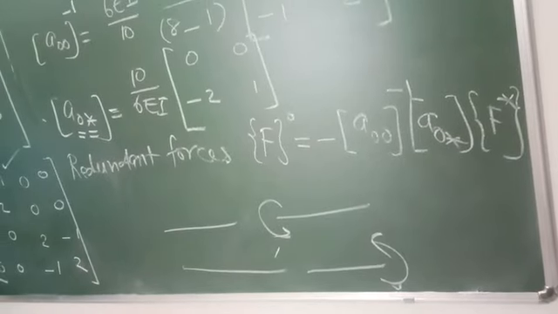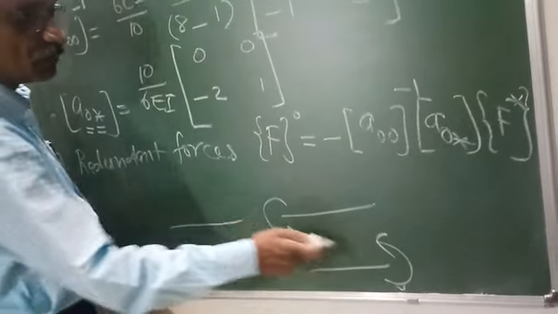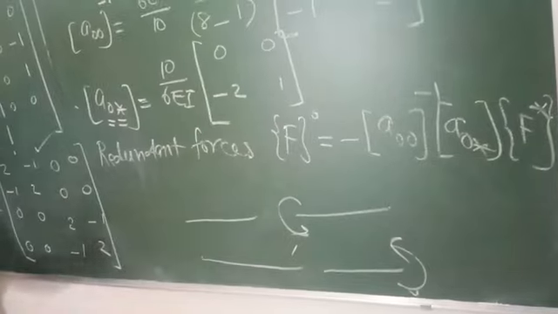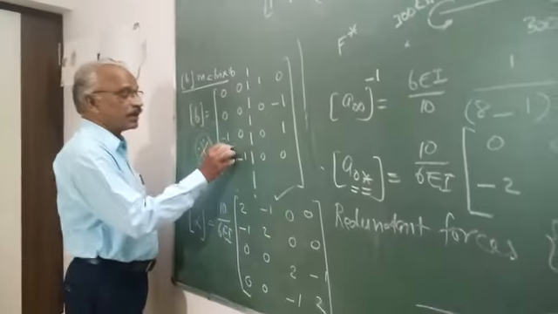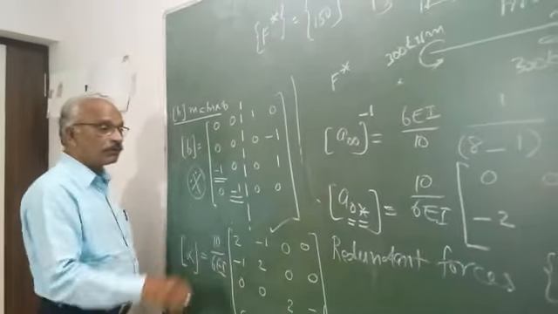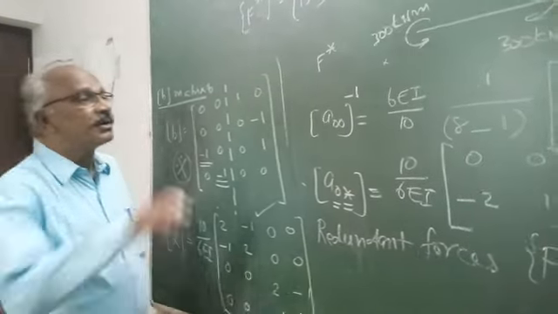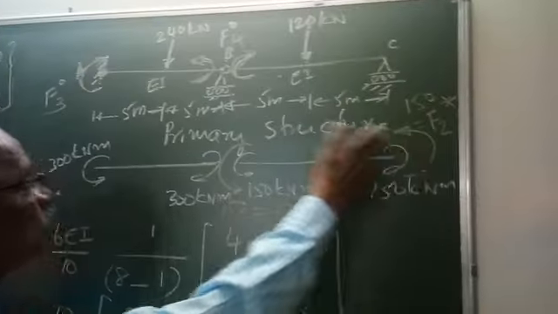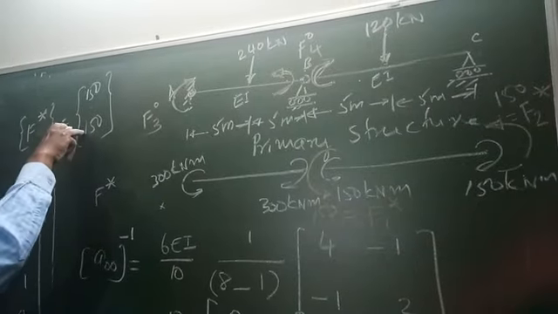F1 star equal to unity, F2 star equal to unity, applied in the anti-clockwise direction itself. That is why we are getting minus 1, minus 1. Therefore, because it is anti-clockwise, you should not put minus here.